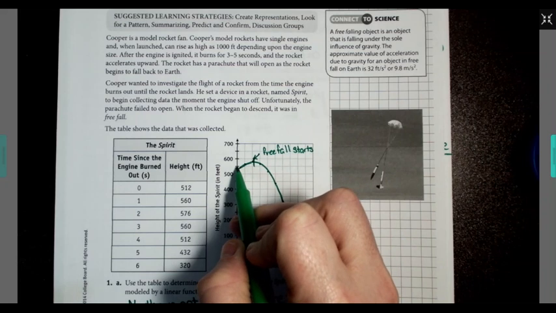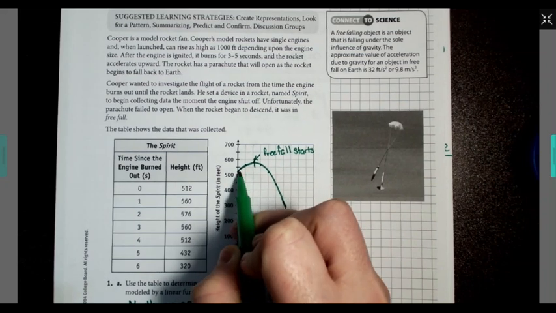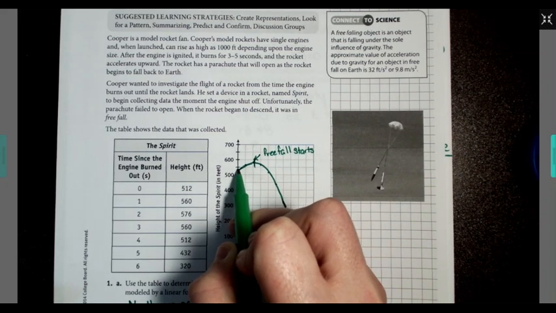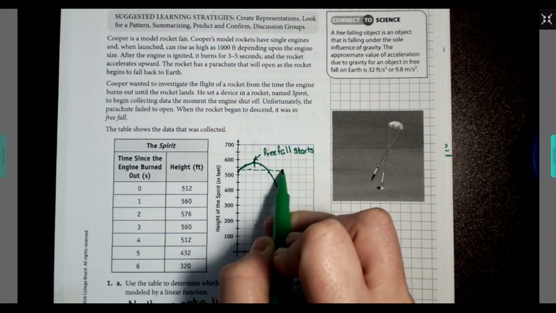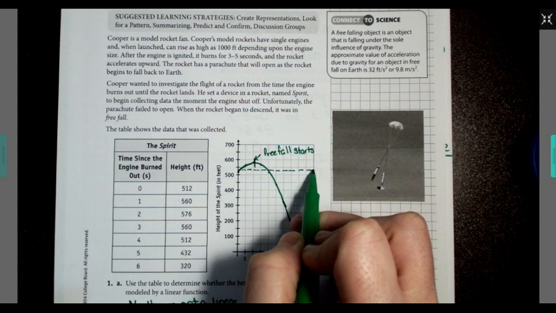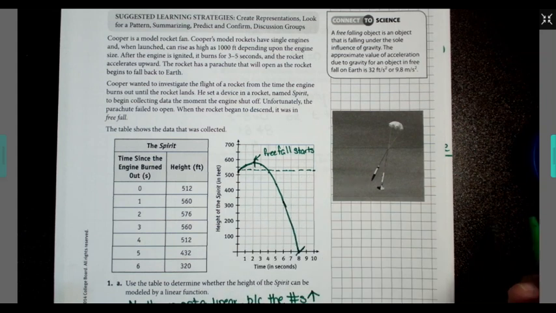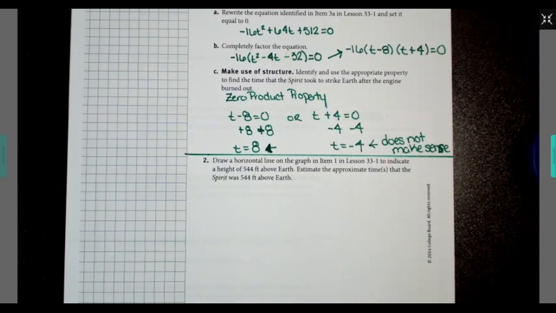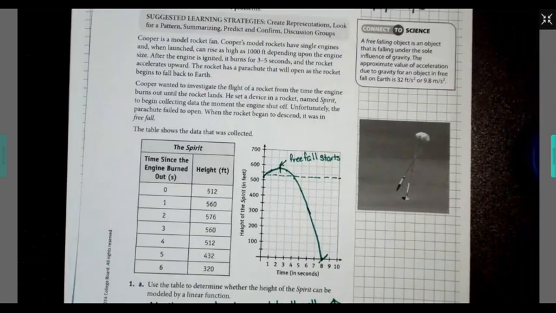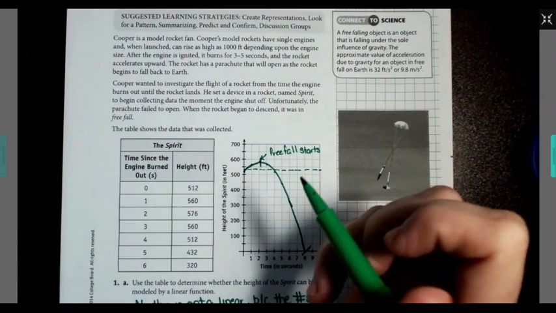Well, this is 550, so 544 would be like so. Okay? And it wants us to estimate the times that the rocket was above that line.